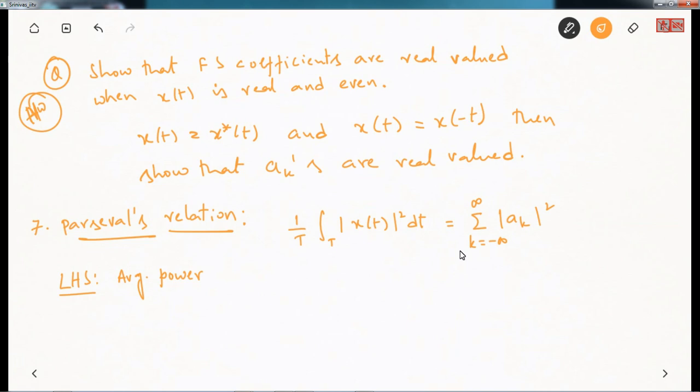So why do I say average power? Integral of mod x of t square dt is the energy, so this is energy per unit time in one period, because the integral is being done over one period.